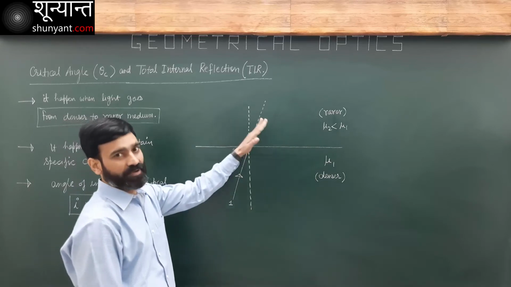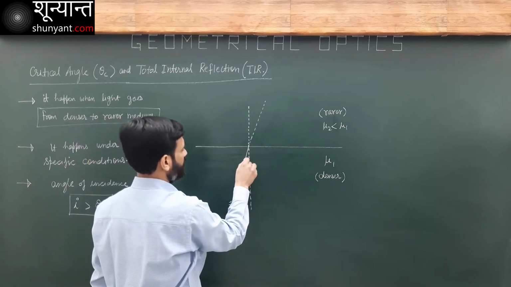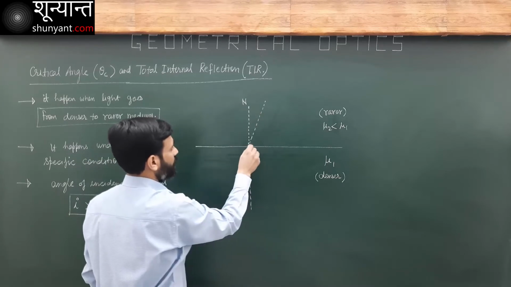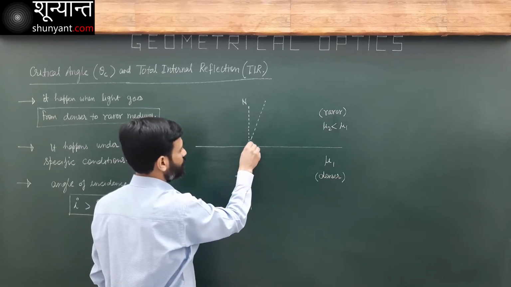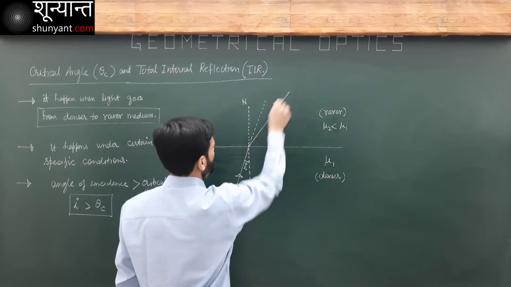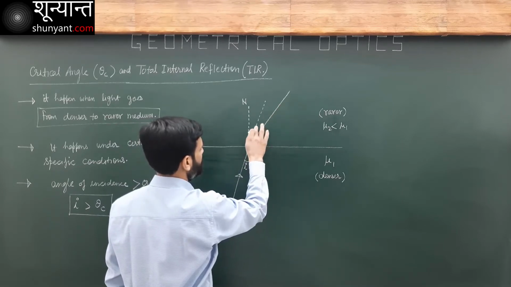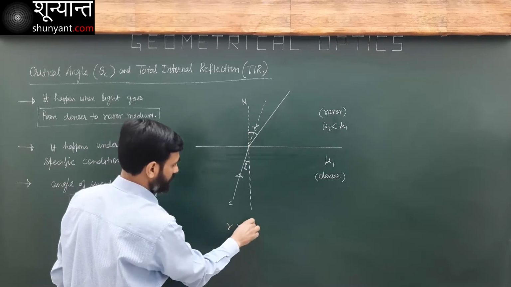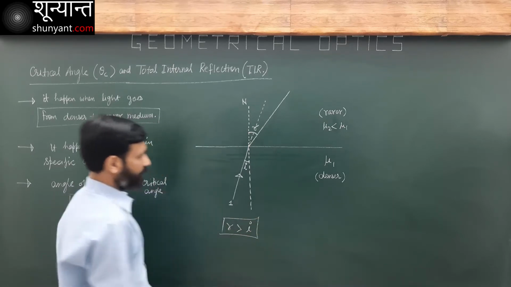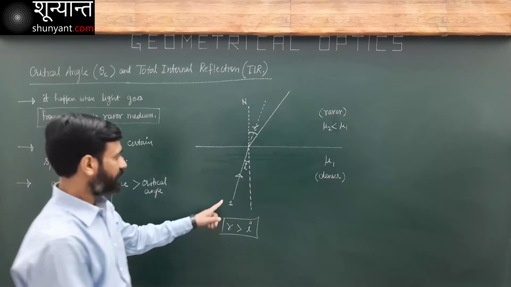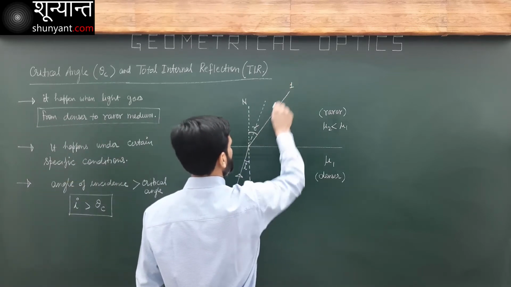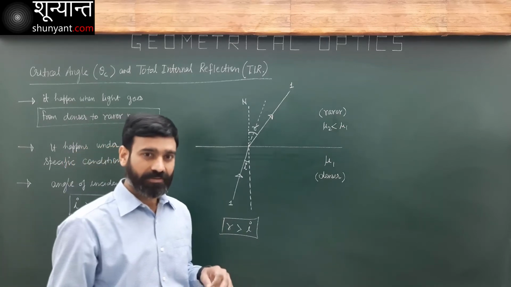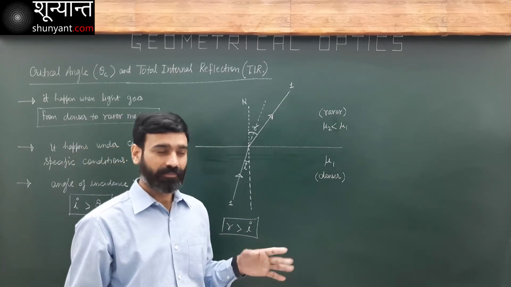It bends away from the normal. This is angle of incidence I. Angle of refraction will be more than this. This becomes my angle of refraction. Angle of refraction R is more than I. This is also light 1. Pretty much obvious, nothing much to explain.